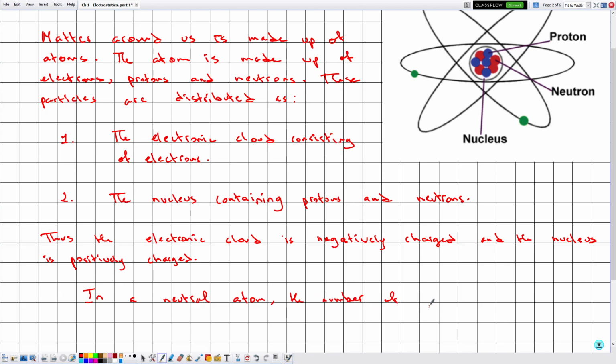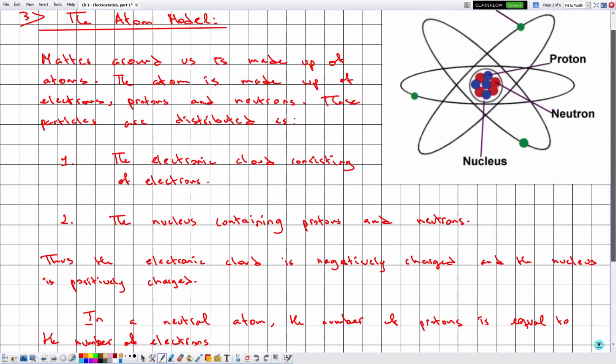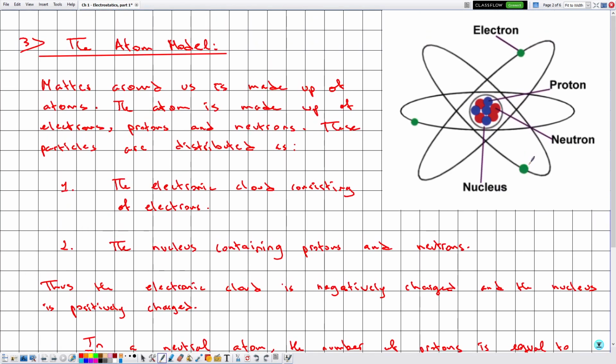the number of protons is equal to the number of electrons. What I'm saying is that if the atom is neutral, it means it carries no charge, but this doesn't imply that it doesn't contain electrons or protons.